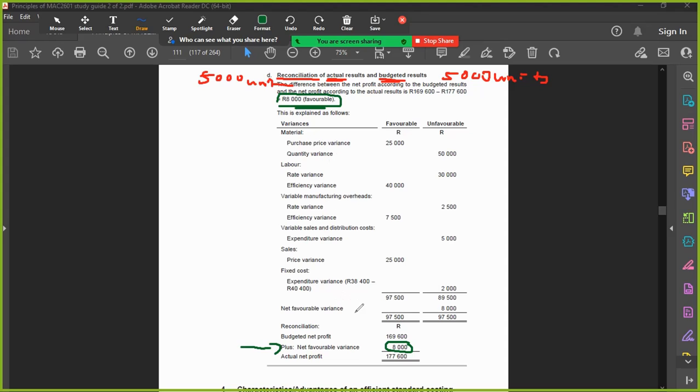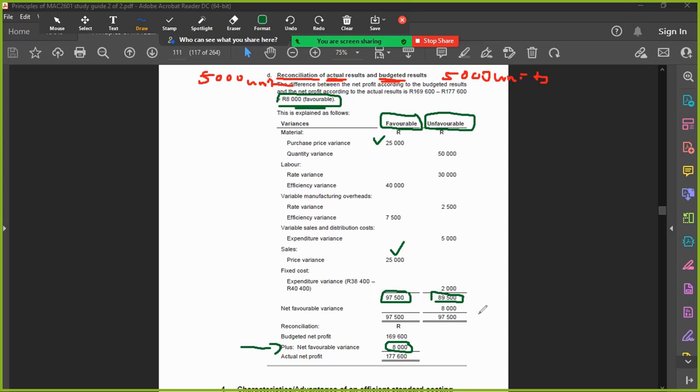If you look at the favorable variances, they mean your sales are more than expected, which they were, or your costs were less than expected, which they were. Does that make sense? Based on all the favorable variances, it got us to 97,500. If I'm looking at the unfavorable variances, that only got us to 89,500.